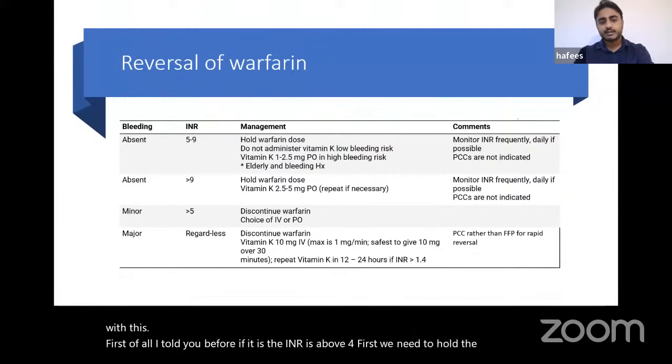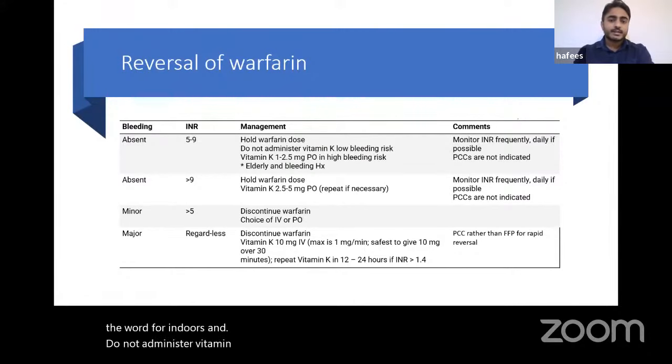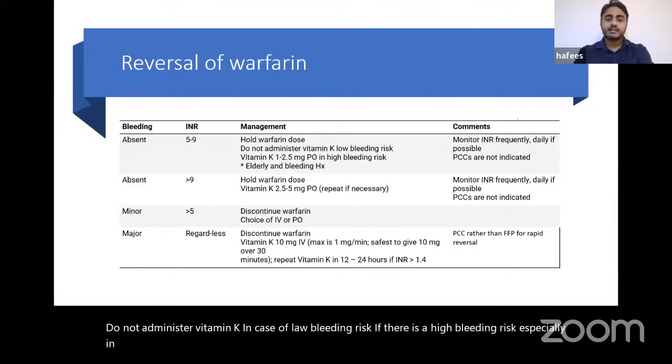So hold the warfarin dose. Do not administer vitamin K in case of low bleeding risk. If there is a high bleeding risk, especially in the elderly or patients with bleeding history, we need to administer vitamin K 1.25 milligram.